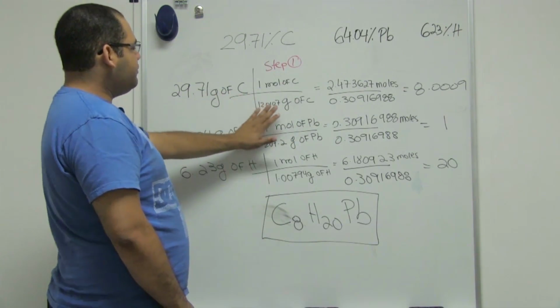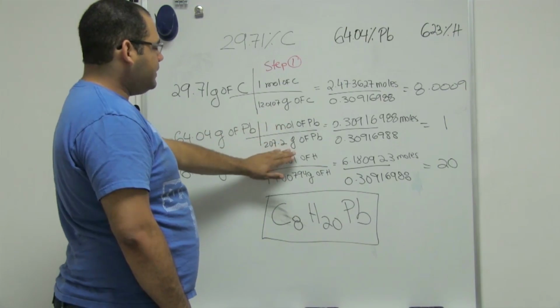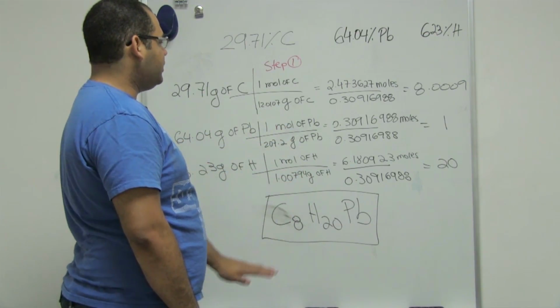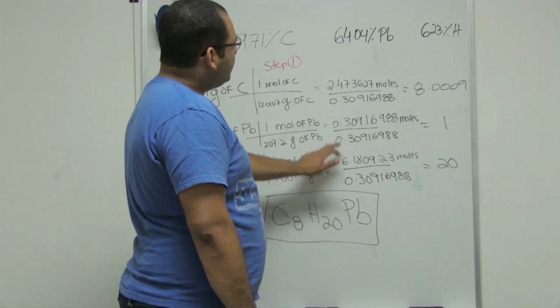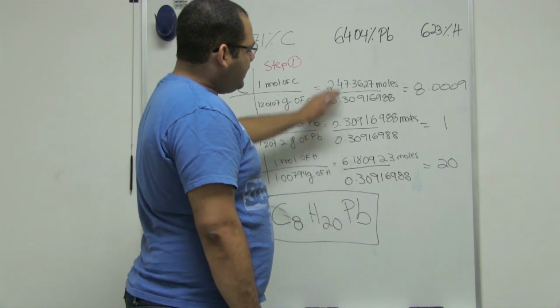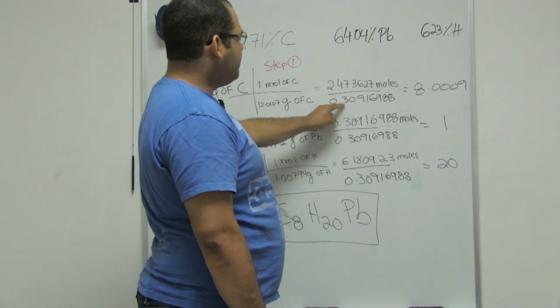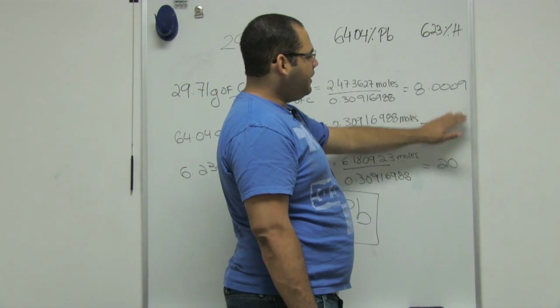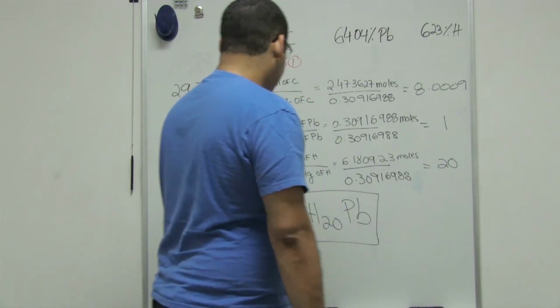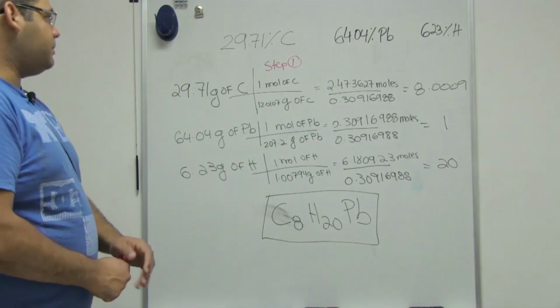So in this case, divide by the molar mass of the element, which is straightforward from the periodic table. Find the moles, look at the smallest one, and divide everybody by the smallest number. And then I got my answer, and I just plug it in and find my empirical formula.